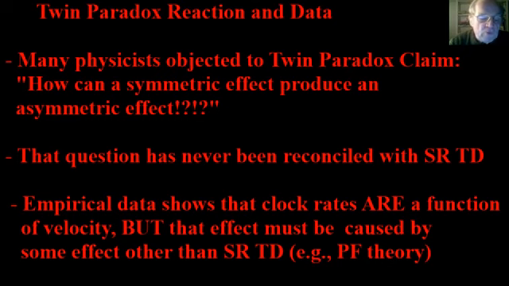So it must be caused by some other effect, such as a preferred frame theory, like the Lorentz ether theory. I've mentioned Lorentz ether theory, but I'm not endorsing the entire Lorentz ether theory, all of the details about the ether and whatnot.